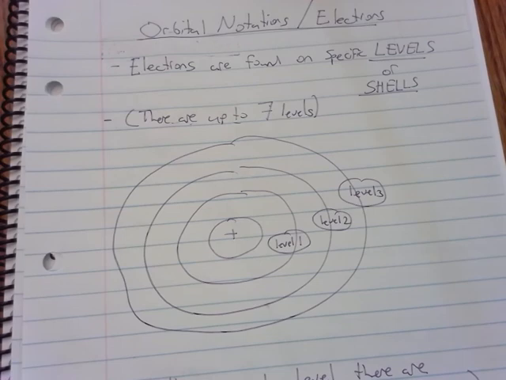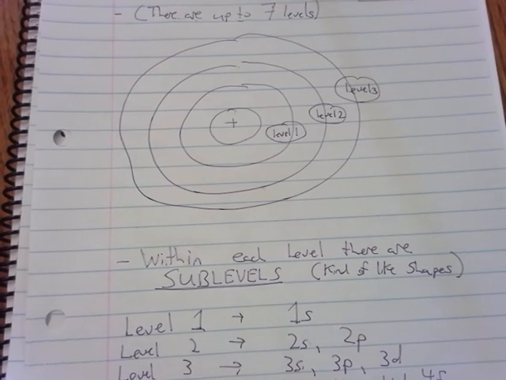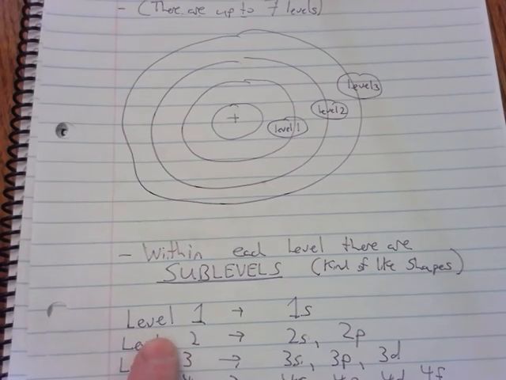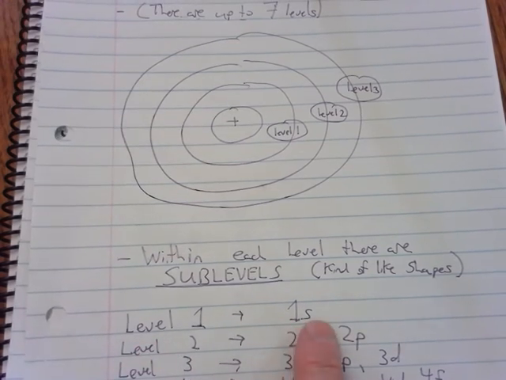Next, within each level, there are things called sublevels. So each level has different sublevels, or if you want, these are shapes that are found within the shells. Level 1 has only one sublevel, and that is called sublevel 1s.